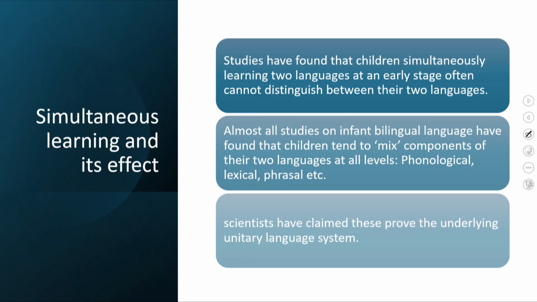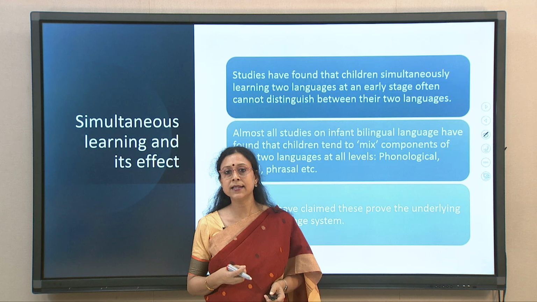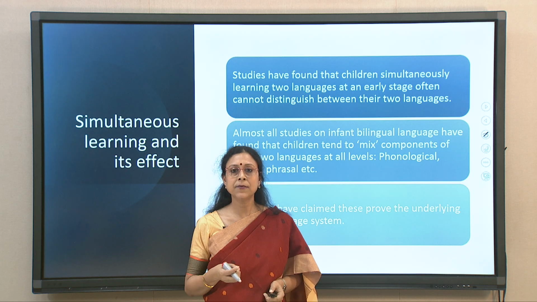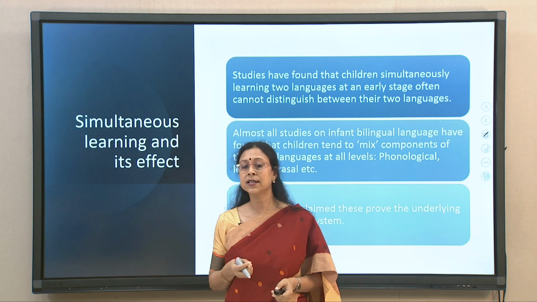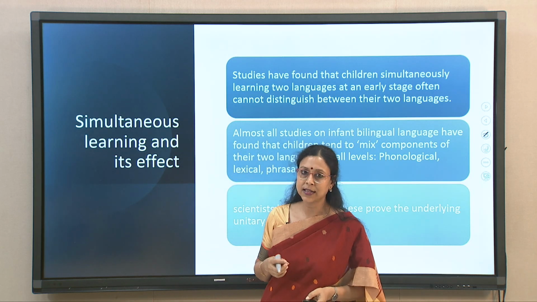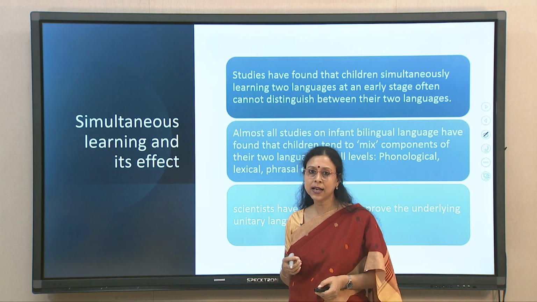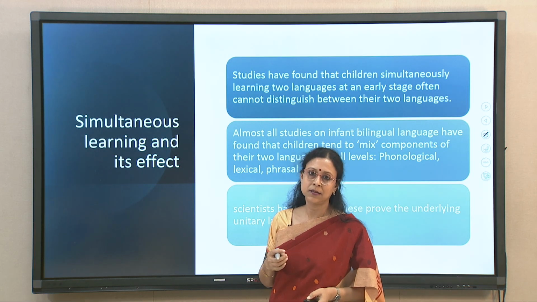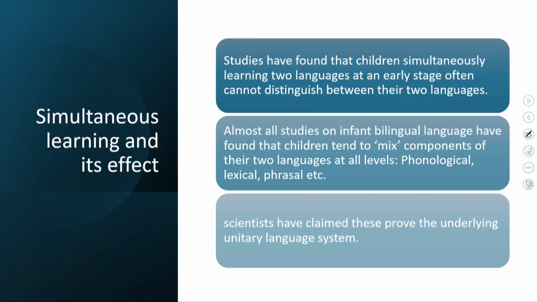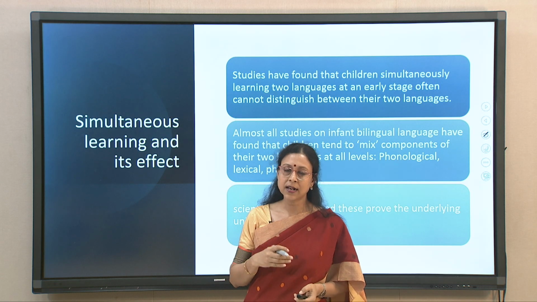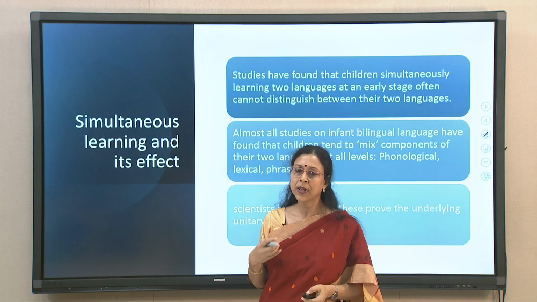Now, this is fine. So, we have decided who are simultaneous bilinguals. Now, why is it interesting? What happens if a child is growing up as a simultaneous bilingual? Some very interesting things actually happen. What they have found out is that children simultaneously learning two languages at an early age often cannot distinguish between their two languages. When we discuss this segment, we will go chronologically, starting with the earliest findings to the later findings.